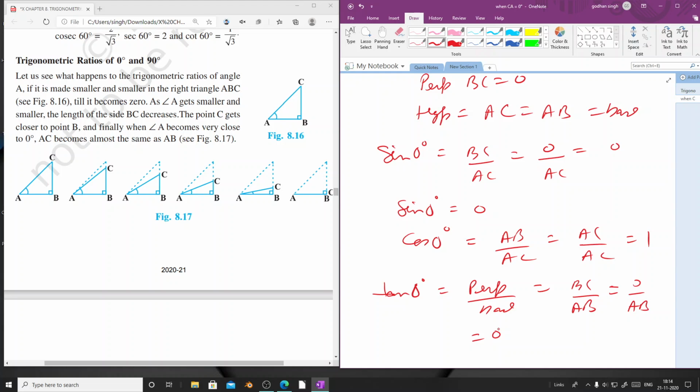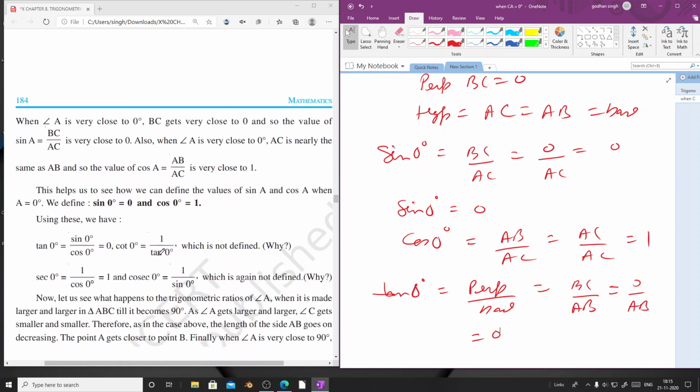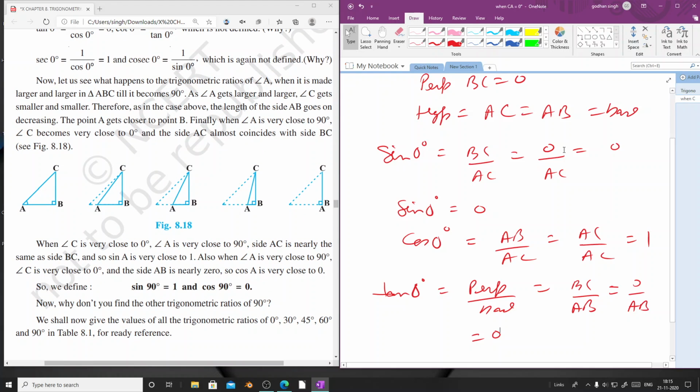And similarly, we have another case when the vertex A comes closer and closer to the vertex B. In that case, our acute angle A will become 90 degree. So let us take that case when A is approaching towards B. So this is our next case.